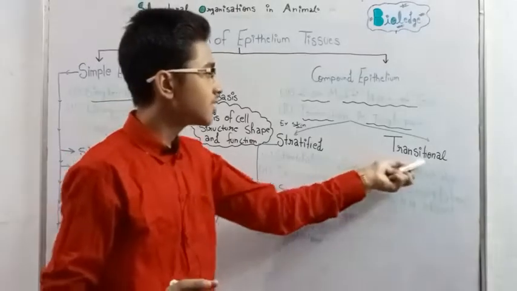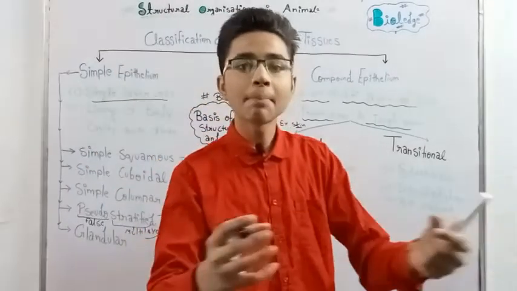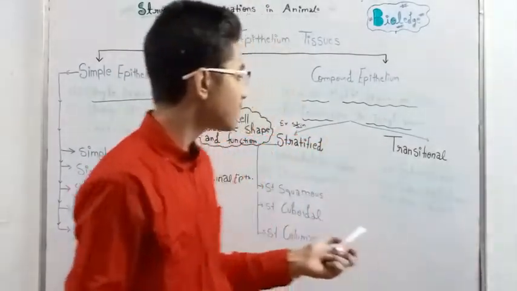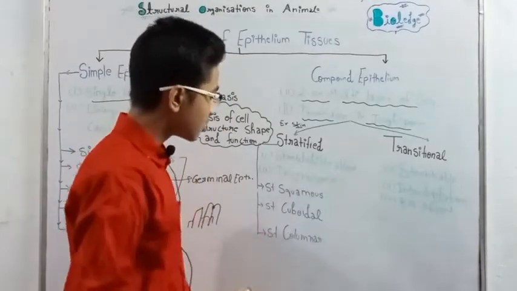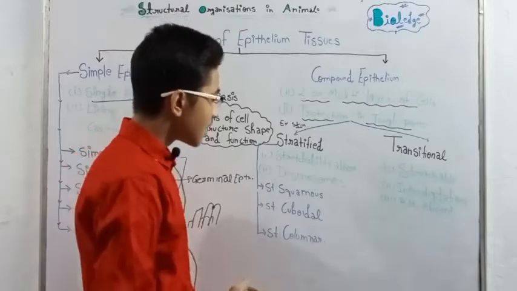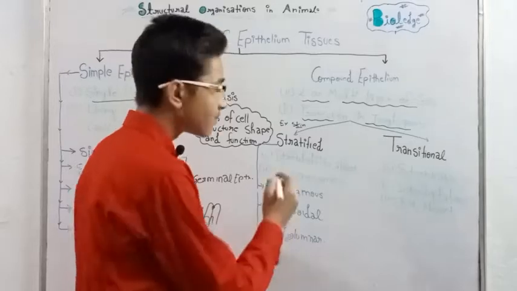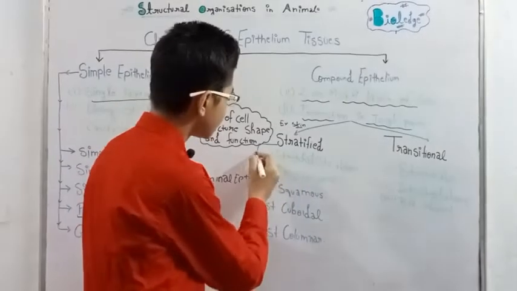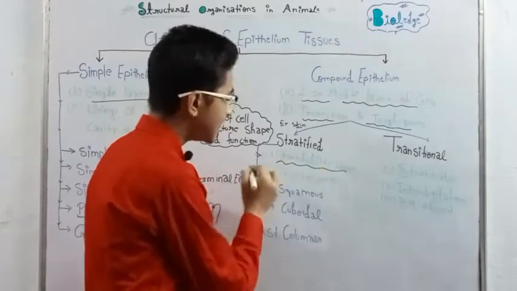But in the transitional, they appear multi-layered, but when we stress them, they appear flat. We will discuss them later. On the basis of their structure and functions, there is also a classification into three parts. We will discuss them later, but first some functions. Stretchability is absent. Next, desmosomes are present.